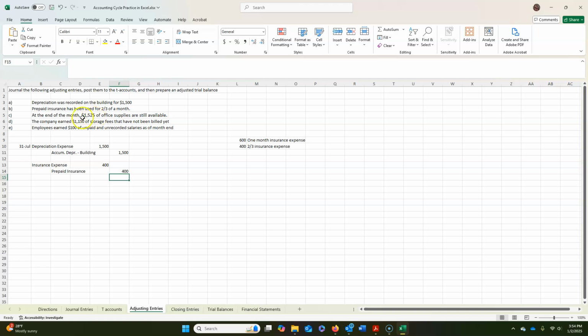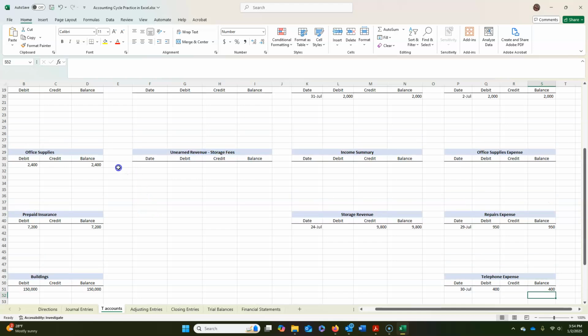Next, we were told that we have $1,525 of office supplies still available. Okay, so we are going to have an office supplies expense. And we are going to reduce the amount of office supplies that we have on stock. So it says that we currently have 2,400 in stock in our office supplies.